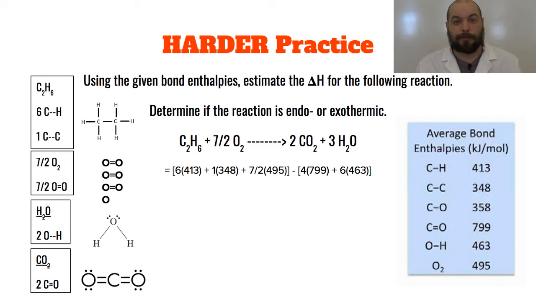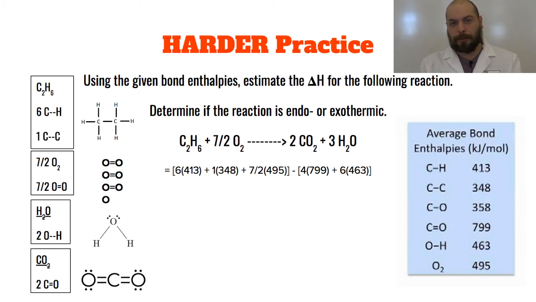Then I look at oxygen. Now, oxygen, O2, has a bond energy between the two oxygens. The double bond oxygen has a bond energy of 495 kilojoules per mole. Now, in this case, this is kind of weird. I'm going to multiply that by 7 halves, so 3.5. Why? Because that's the balanced reaction in this context.